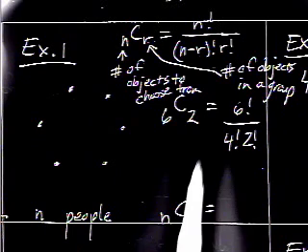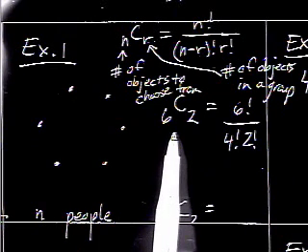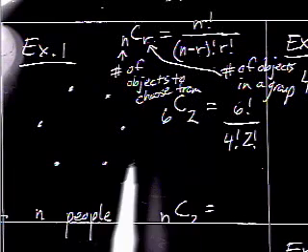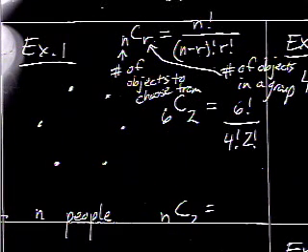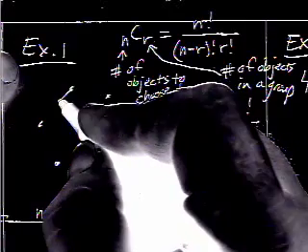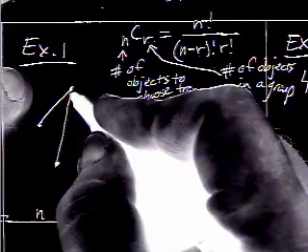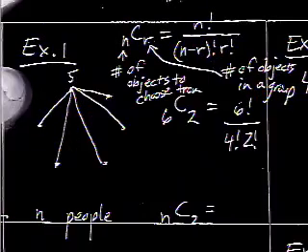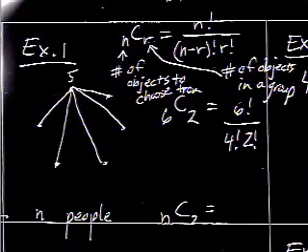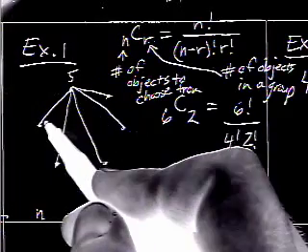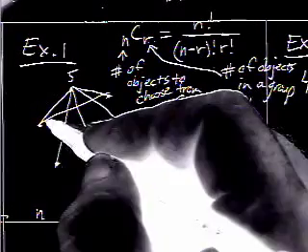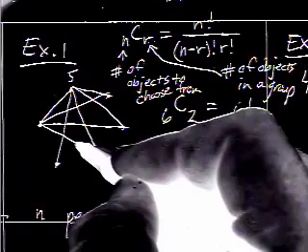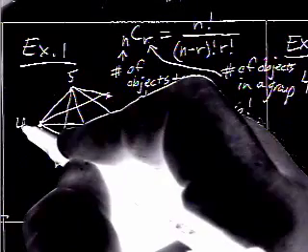Now, this particular formula right here would be a great way to solve a different question. Let's suppose there are 6 people in a room, and they all want to shake hands. How many different handshakes will occur? Well, this person can shake hands with 1, 2, 3, 4, 5 different people. This person over here already shook hands with the first person, so they shake hands with 1, 2, 3, 4 new people.